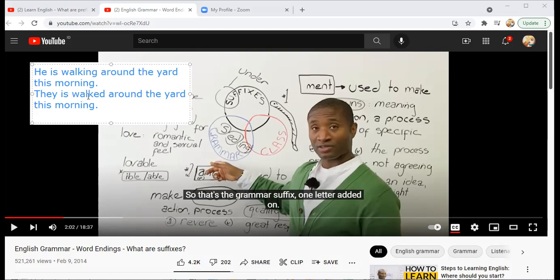They are walking around the yard this morning. Ini adalah sesuatu yang masih terjadi. They're walking around the yard this morning. Present continuous tense. The present continuous tense.